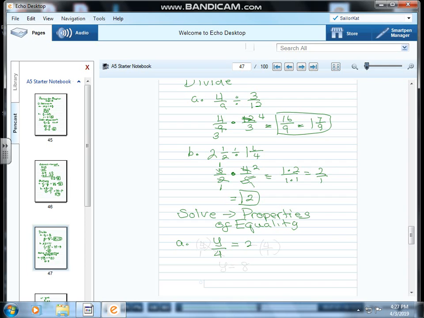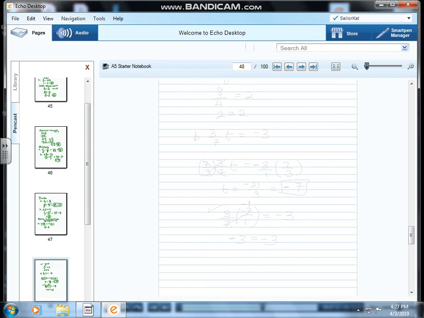Y over 4 means y divided by 4. What you want to do is multiply by the 4. Remember, 4 is always over 1. And the 4 on both sides. You have to show that. So 4 goes away and you have y equals 8.